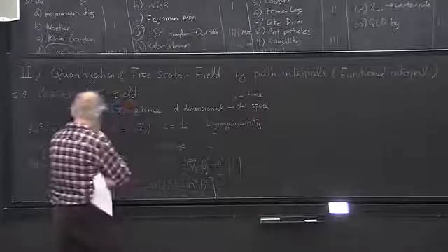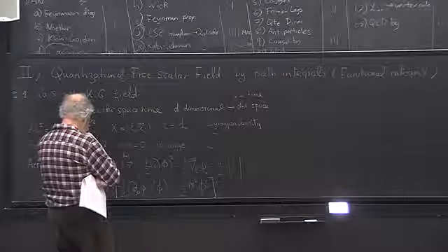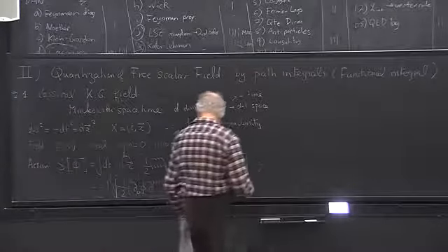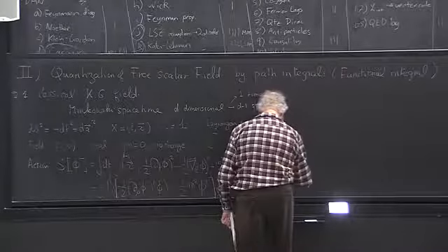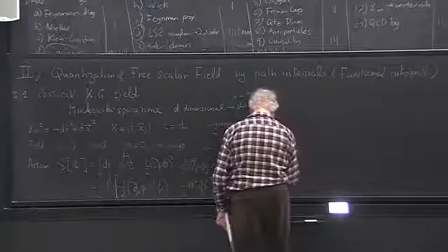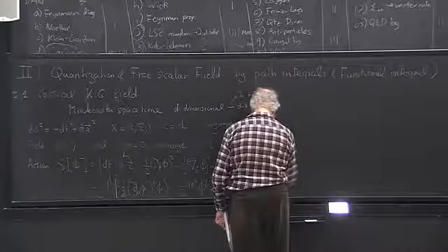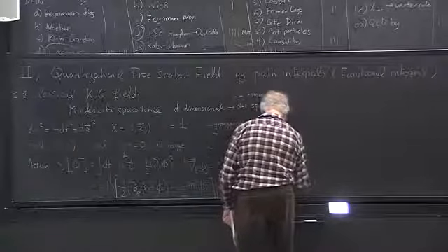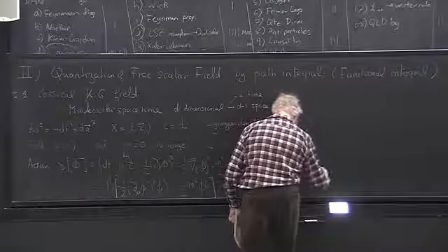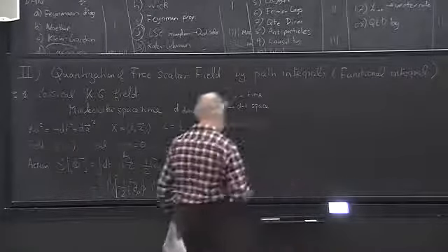Namely, if I am not mistaken with my notation, it's minus delta plus m squared, phi equals 0. So that's Klein-Gordon.